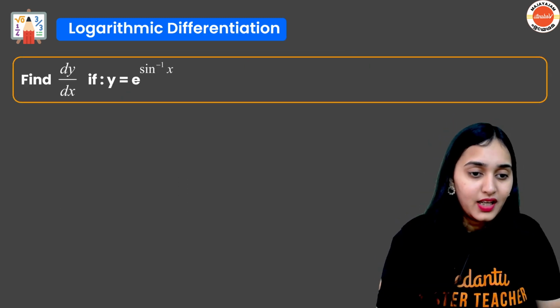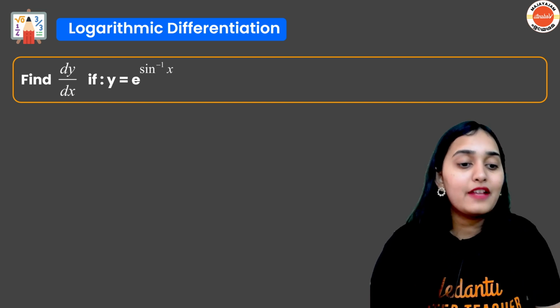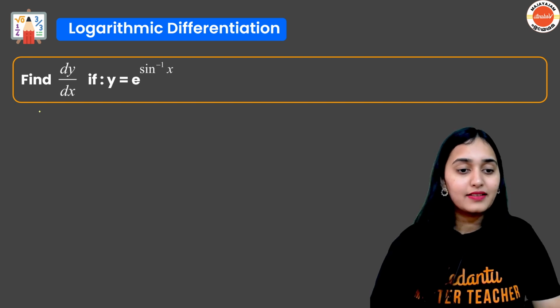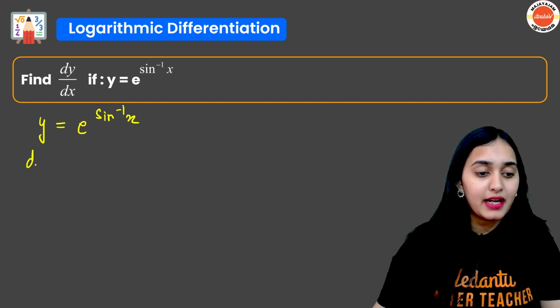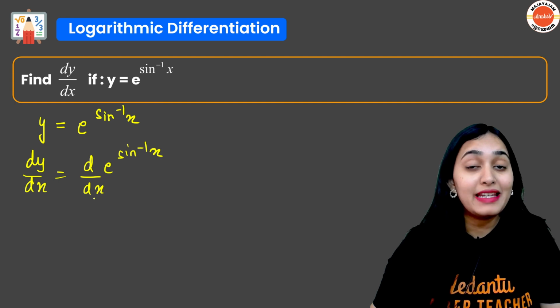Okay. Now, moving on to logarithmic differentiation. So, let's do one question based on that. Now, if y is equal to e to the power sine inverse x, then dy by dx will be the differentiation of e to the power sine inverse x, right? Now, what is the differentiation of e to the power x?